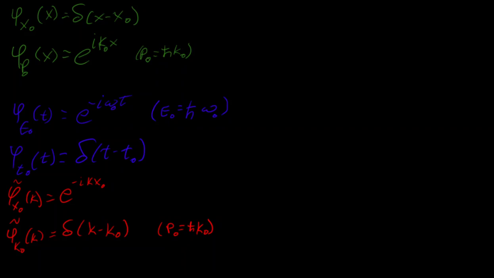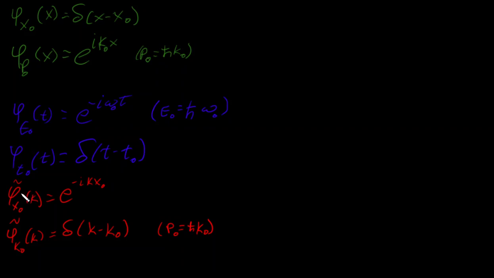Okay, so now we know that these are the eigenstates. This is the eigenstate of x hat. This is the eigenstate of p hat. This is the eigenstate of E hat, because this is the eigenstate of t hat.